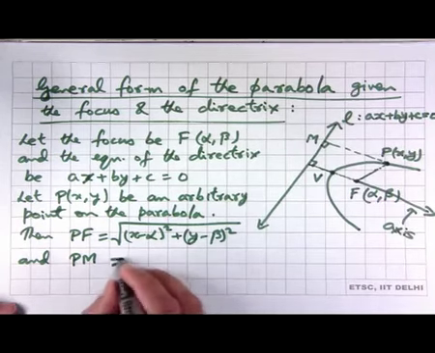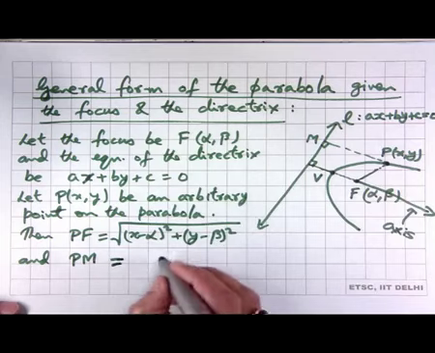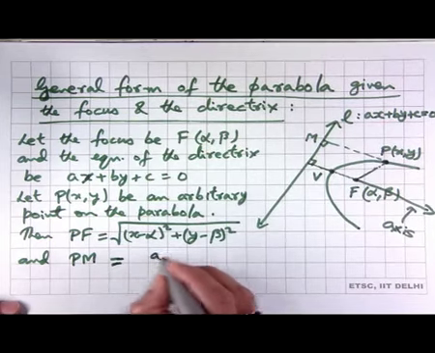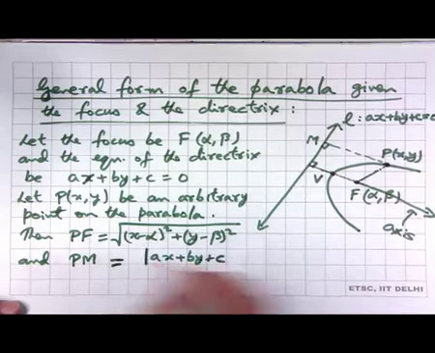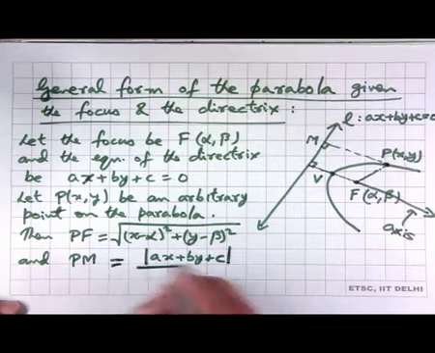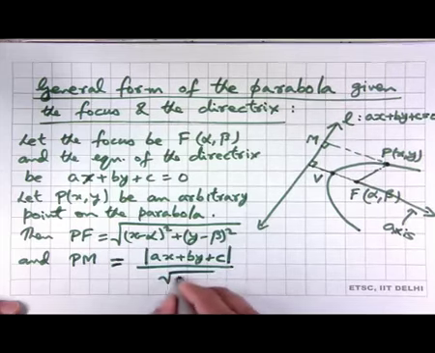This again you must have seen, this formula: PM equals the absolute value of a x plus b y plus c divided by the square root of a square plus b square.